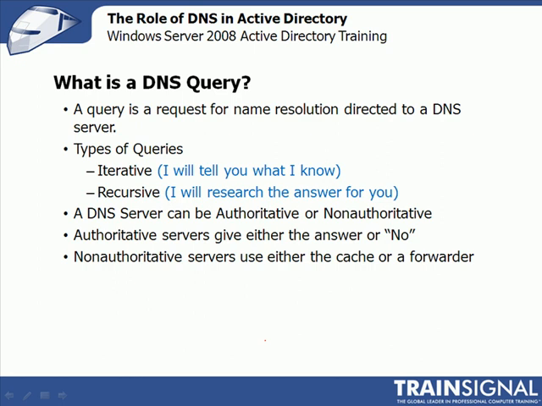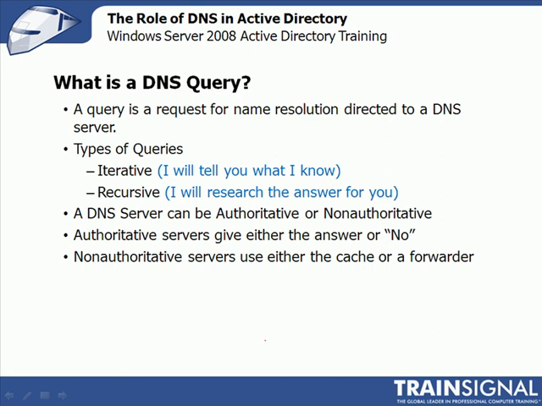A non-authoritative server will either use its cache. Now, cache is something we're not really going to get into. To simplify, the DNS cache is basically this: once a DNS server looks up a name, so it goes out, responding to a recursive query, and researches what the name resolution is, before sending it to the client, it'll put it in its own cache, which is an area of memory, so that if that request ever comes in again, it will know the answer without having to go out and research it.